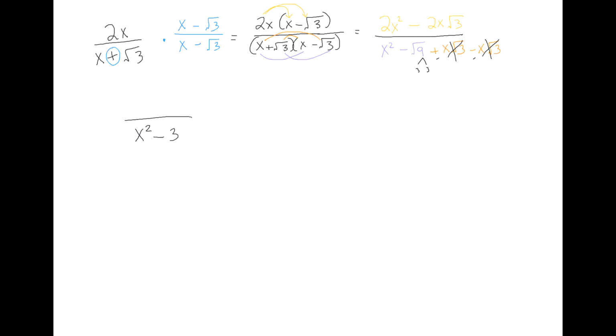On the top, I have 2x squared minus 2x square root of 3. Nothing I can do to simplify them. So that's my answer.